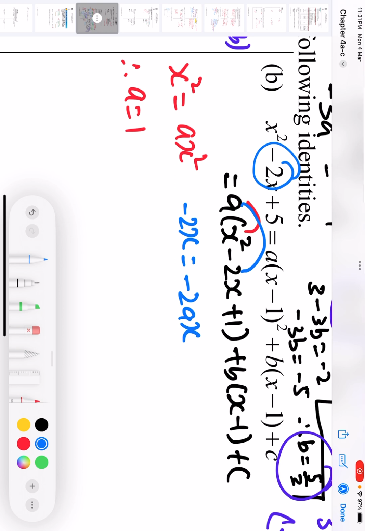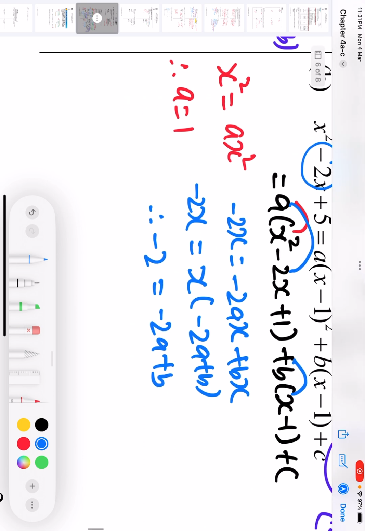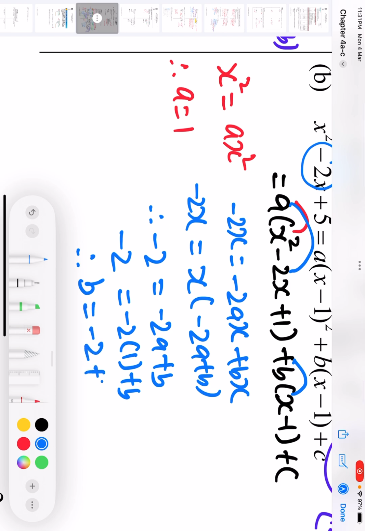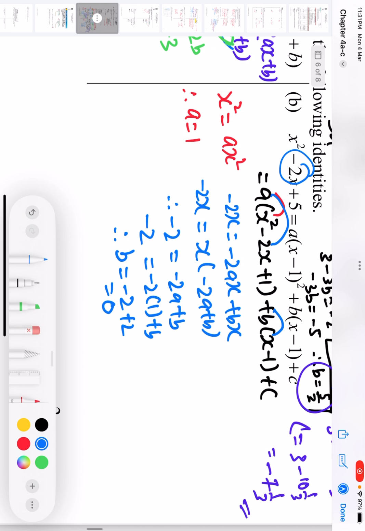Over here, it's b times x, plus bx. We factorize out x: negative 2a plus b is negative 2x. So therefore, negative 2 is equal to negative 2a plus b. We know that a is 1. So therefore, for b, I'm going to bring the negative 2 over. It's negative 2 plus 2. That gives me 0.